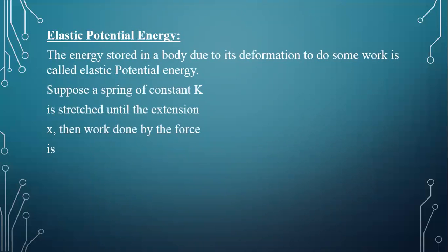For example, there is a spring having constant K, where K is called the spring constant, and it is stretched until the extension X. We will apply a force on it, which produces elongation in the spring, and the spring extends to length X. So here the work done by the force can be determined.